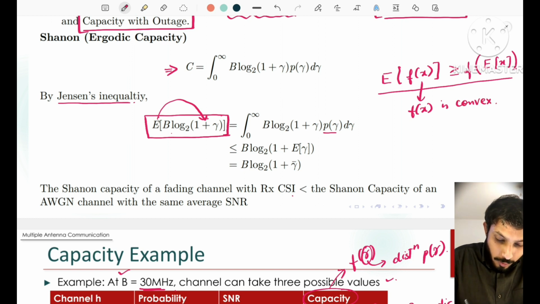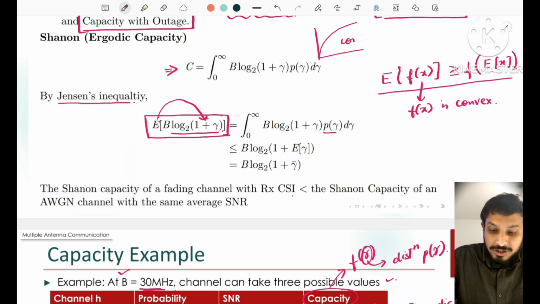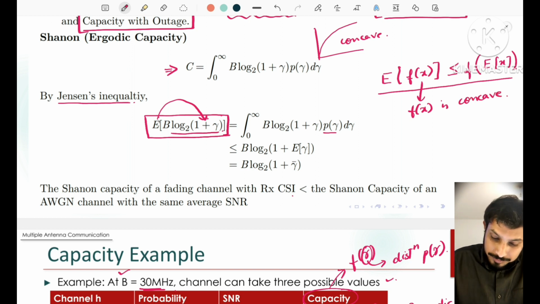But here we have logarithm of 1 plus x, and we know the behavior of logarithm, and this is a concave function. So for concave, we will reverse this inequality. So we now have this less than or equal to when f of x is concave.